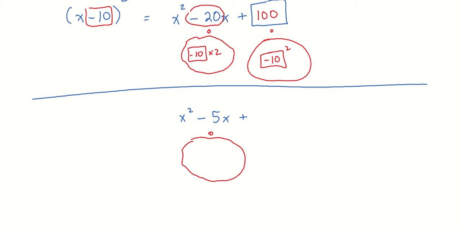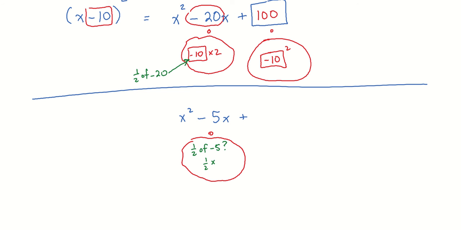We kind of figured it out in the previous example, but notice that negative 10 is half of negative 20. Okay? So one way of coming up with that number in the box is to take half of the middle coefficient. So then what's half of negative 5? Well, half of negative 5, 1/2 of, in math, means times.